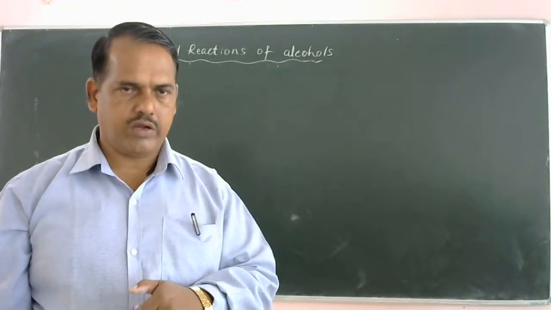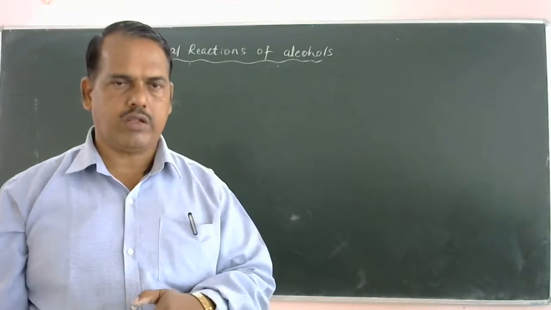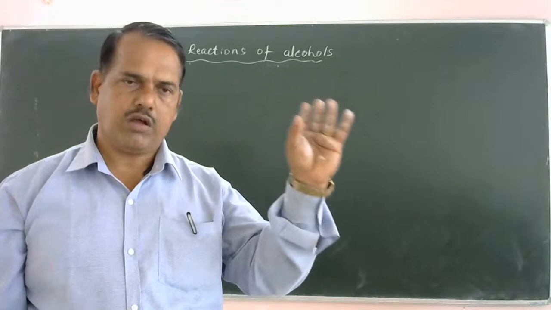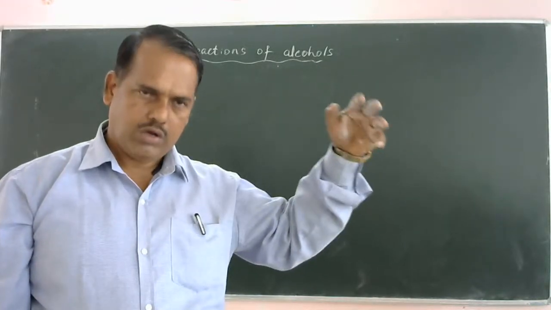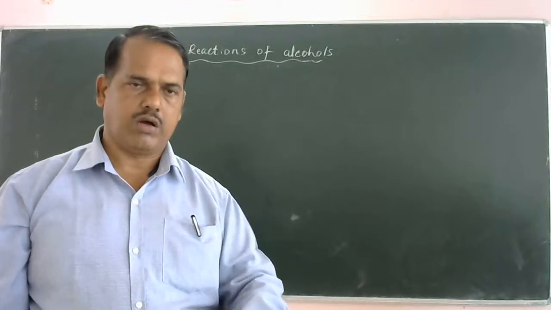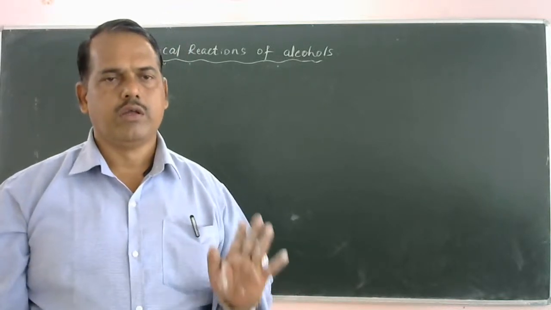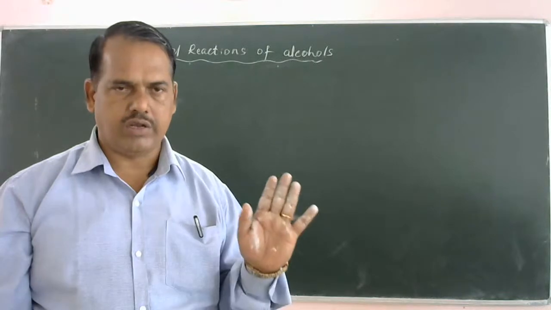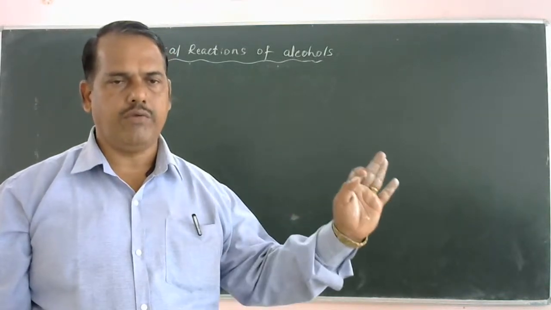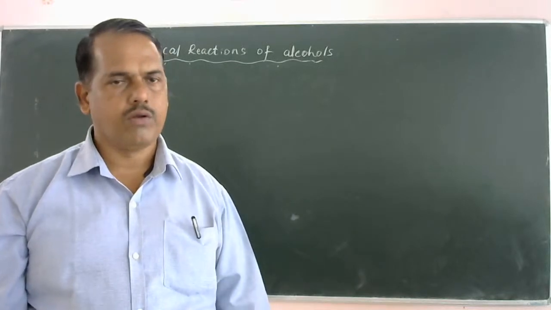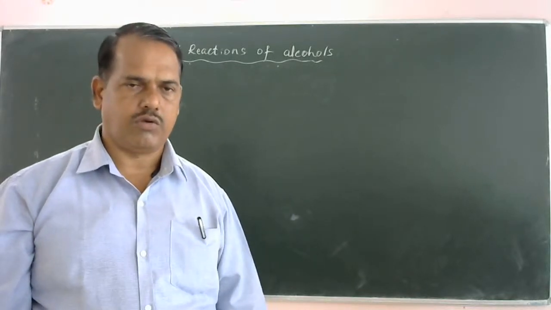If electron withdrawing groups are there, oxygen and hydrogen atoms are loosely held. The electron cloud of the oxygen atom comes more towards the benzene ring carbon. Okay. So I will stop my discussion regarding acidity of alcohol and phenol. I think you have understood.